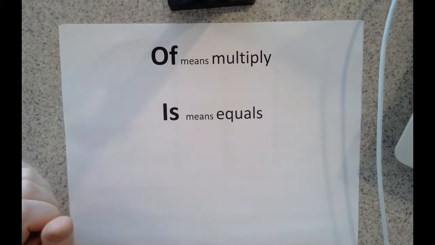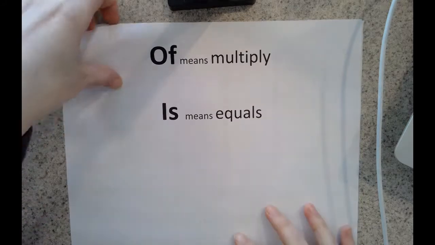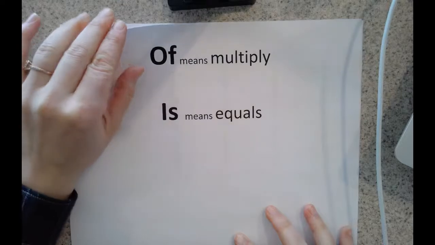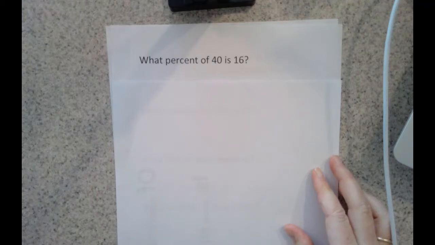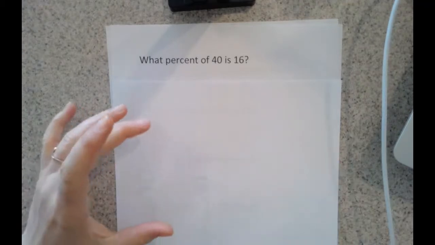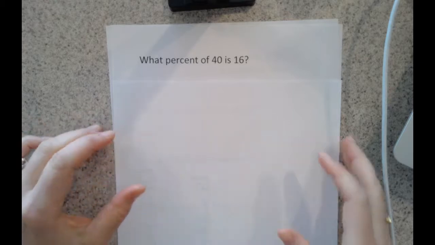Keep that in mind because that's going to help you quickly work through these next problems. Of means multiply, is means equals. Now we're trying to find, in these cases, either the missing percent, the missing base, or the missing part.